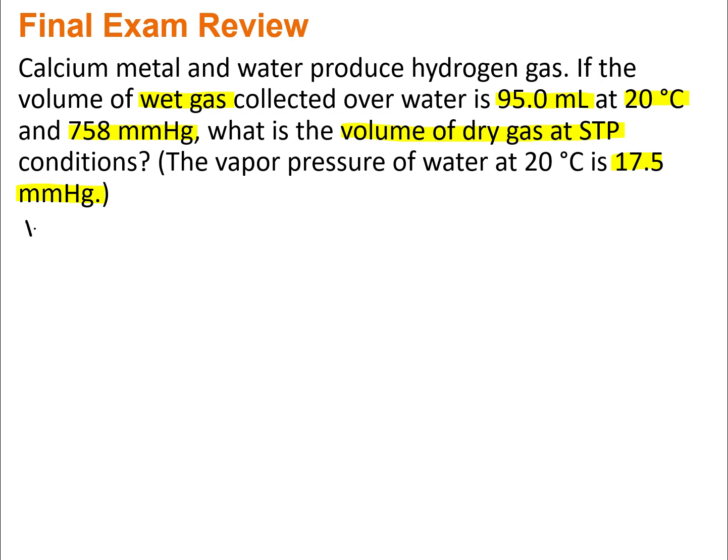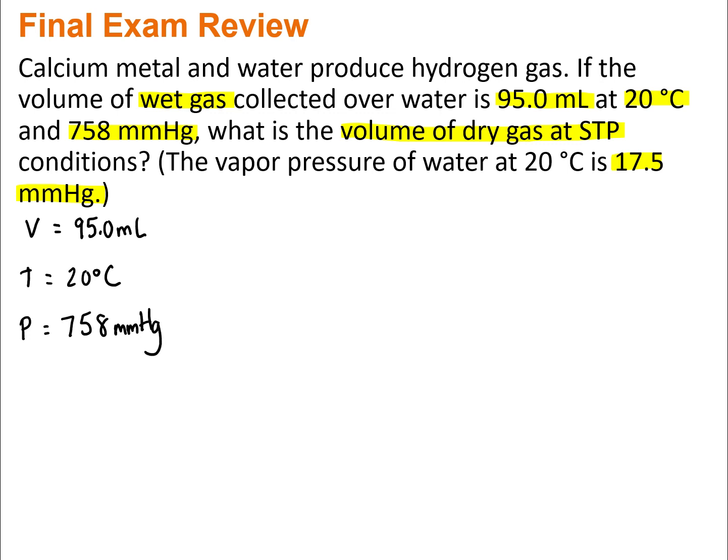We're told a volume of 95 milliliters, a temperature of 20 degrees Celsius, and a pressure of 758 millimeters of mercury.